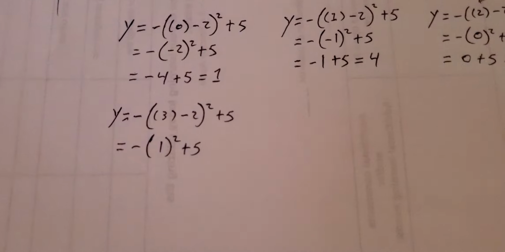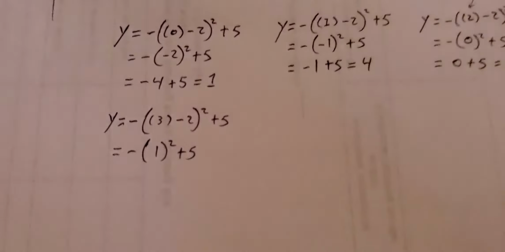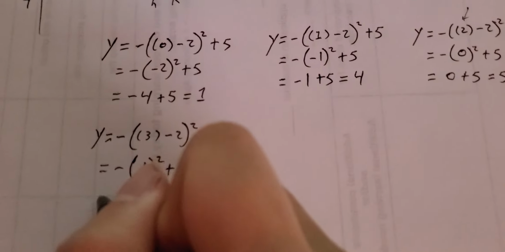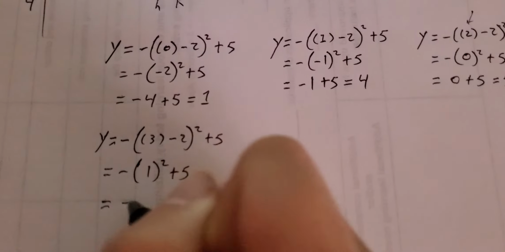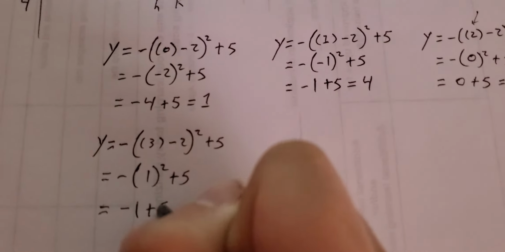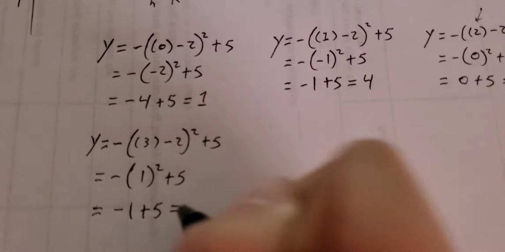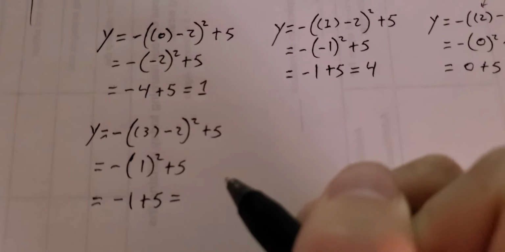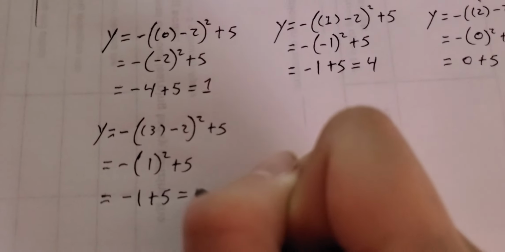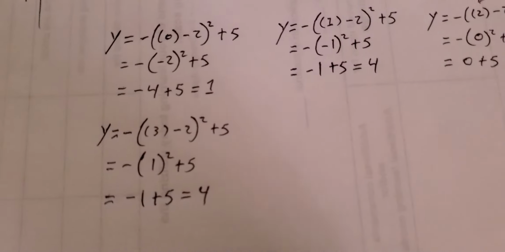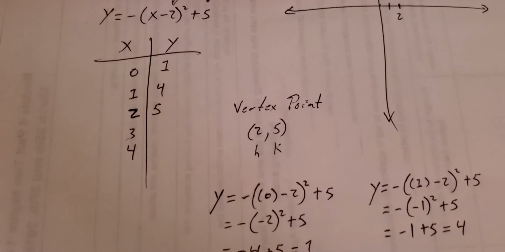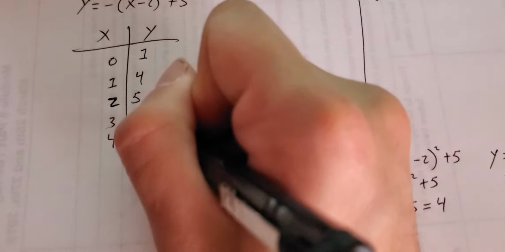So negative, positive 1 squared is just 1, and the negative outside makes it negative 1, plus the 5. This gives me negative 1 plus 5. It's going to be positive 4. So at 3, I get positive 4.